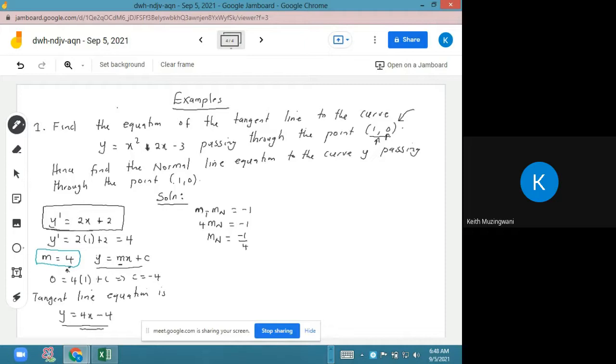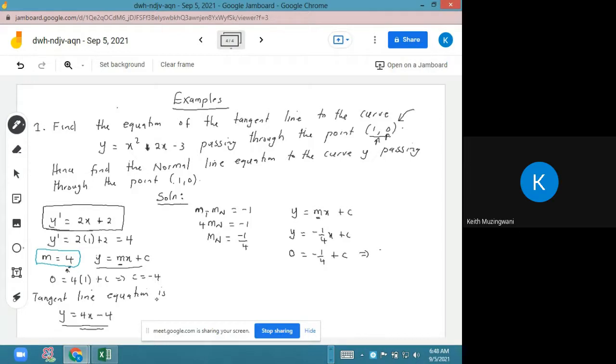So y is equal to mx plus c. This time around, the m is -1/4. So -1/4 x plus c. This normal line also passes through the same point, so we can use it to find c. In the point, y is 0 and x is 1, so 0 is equal to -1/4 plus c.